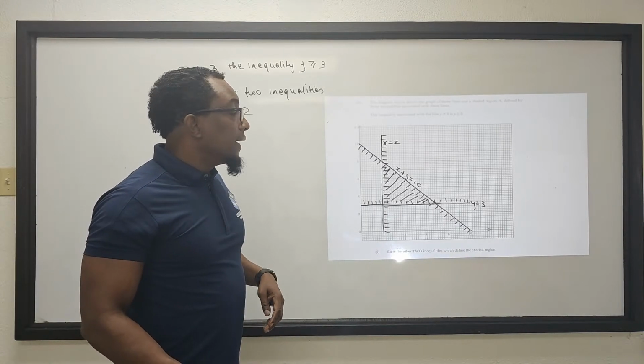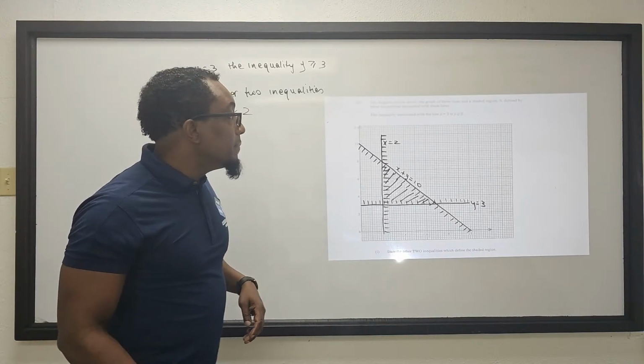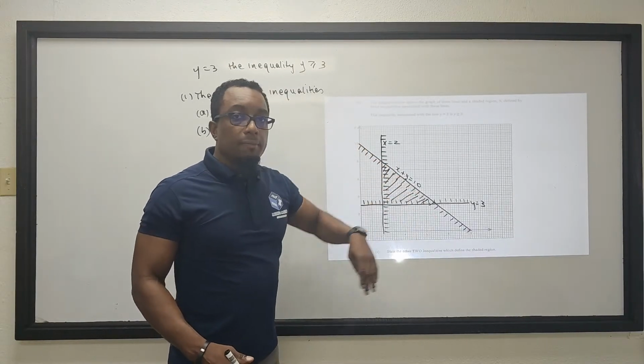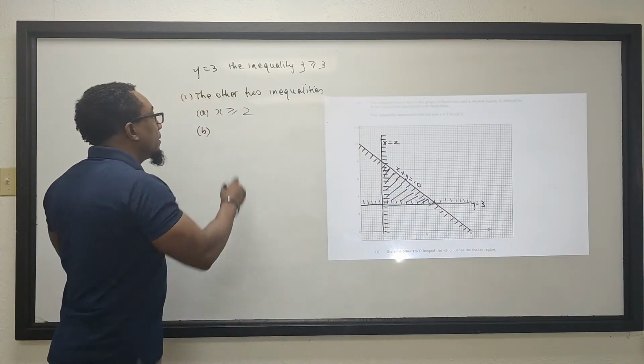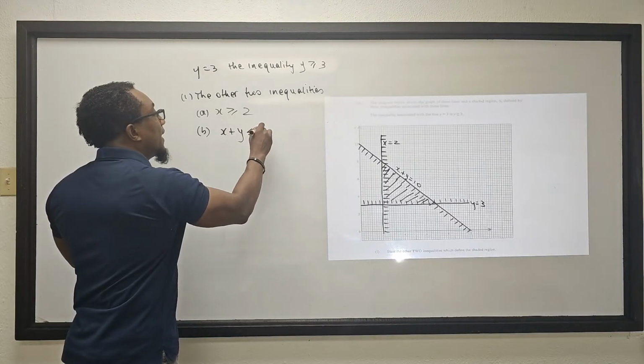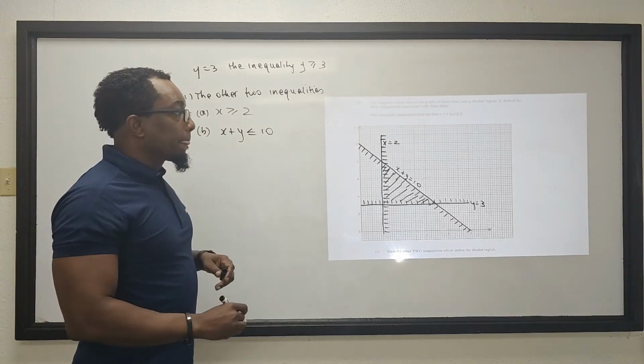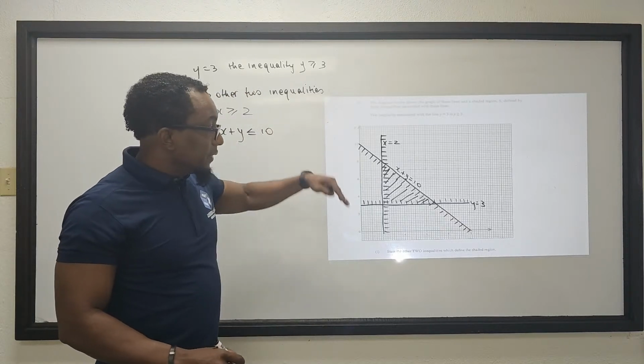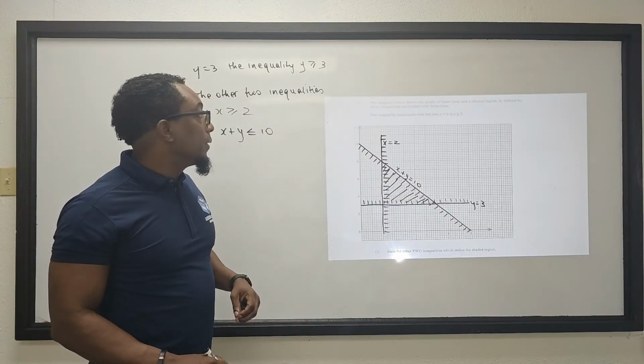So for x plus y equal to 10, I'm shading below the line, and of course the inequality will be x plus y is less than or equal to 10. Because when I shade below a line that is sloping this way, it means less than or equal to.